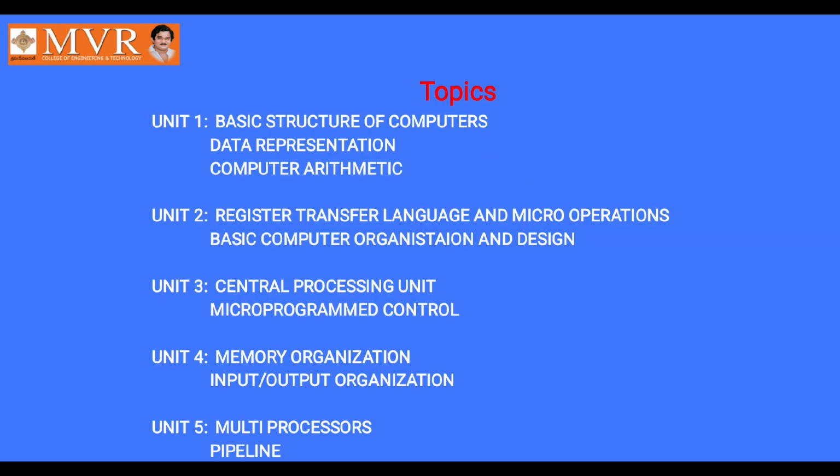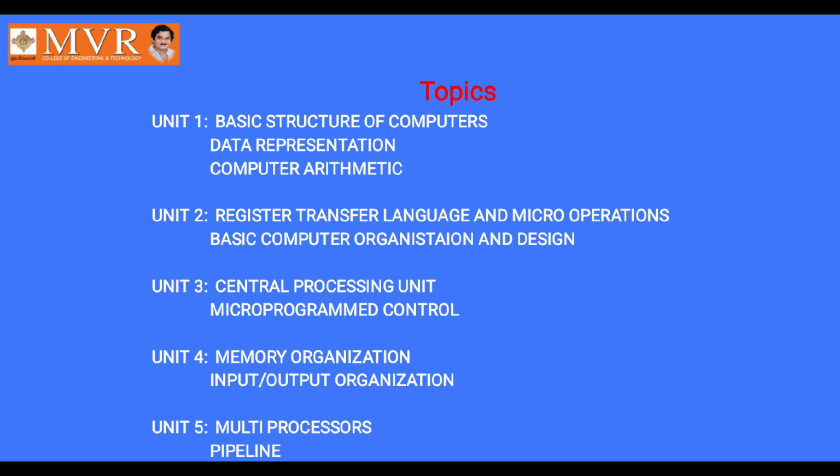As shown in the slide, this subject contains 5 units. Unit 1 discusses the basic structure of computers, data representation and computer arithmetic. Unit 2 contains register transfer language and micro operations, and basic computer organization and design.